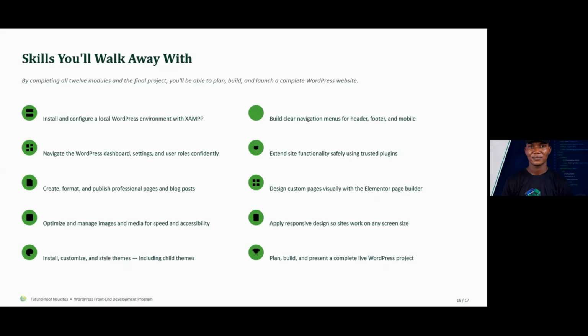You're going to manage media, customize themes, build navigation menus, install plugins, design with Elementor, create a responsive website, and build a complete client-ready website. These are valuable skills for freelancing, employment, or starting your own web design business.